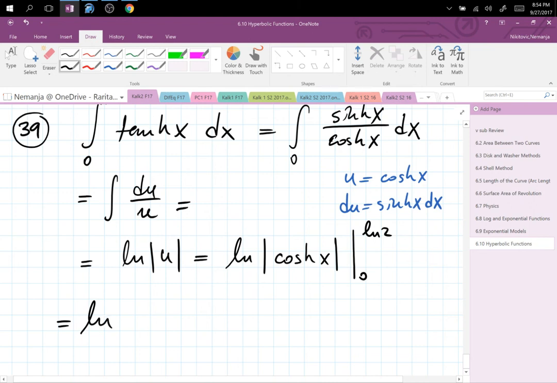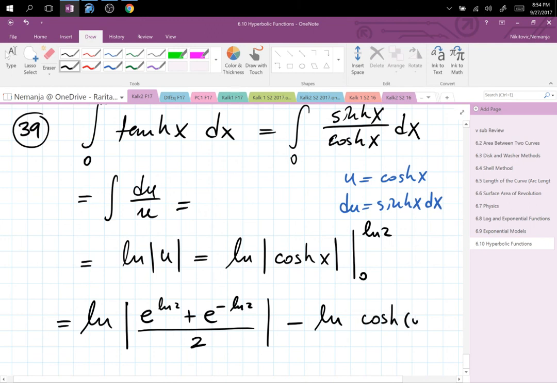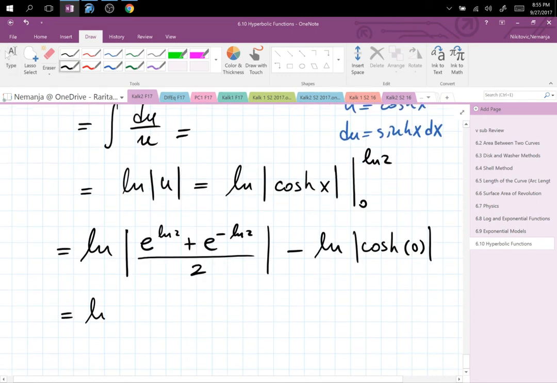So we have ln of, and now cosine is e to the ln 2 plus e to the minus ln 2 over 2, minus ln of cosine hyperbolic of 0. Now you know that's 1 already because we did that before. I have ln of 2 plus 1/2 over 2 minus ln of 1, which is 0.